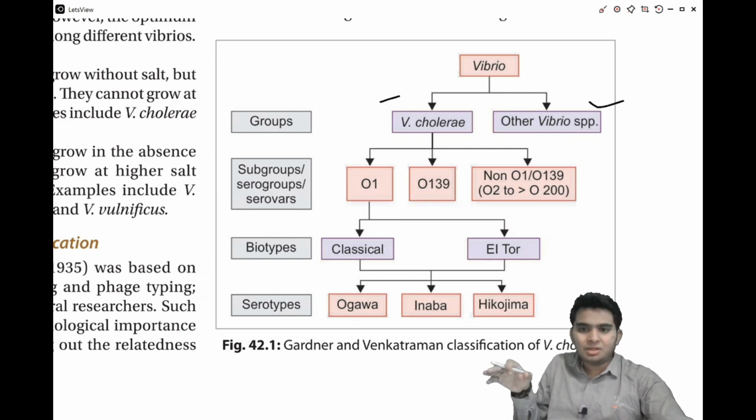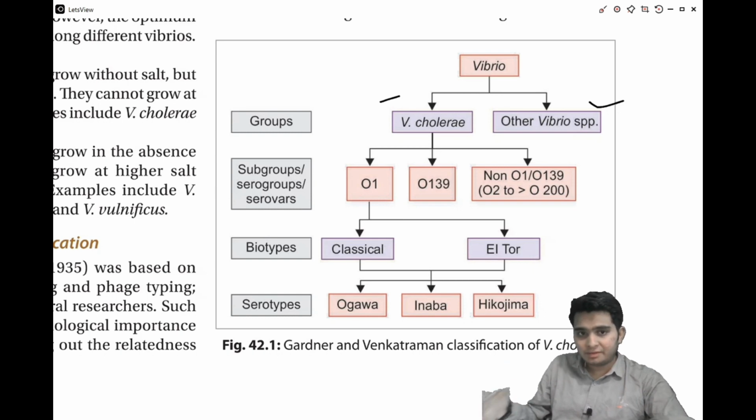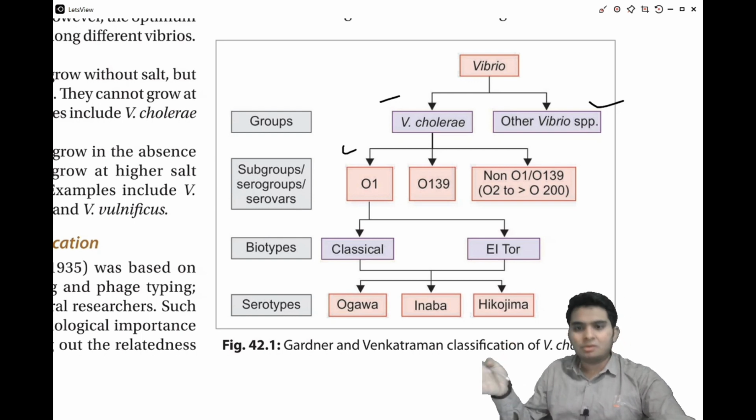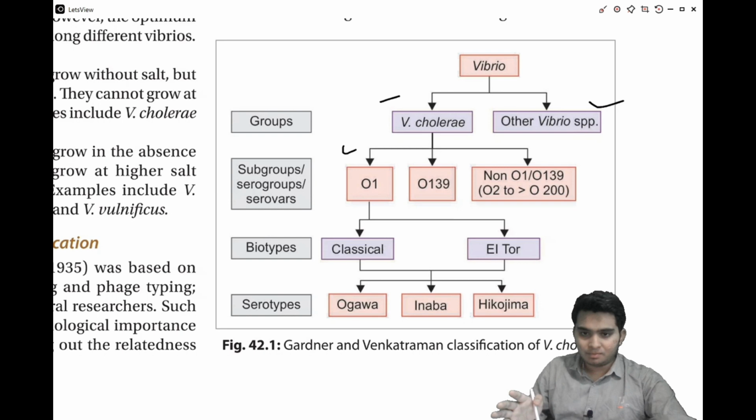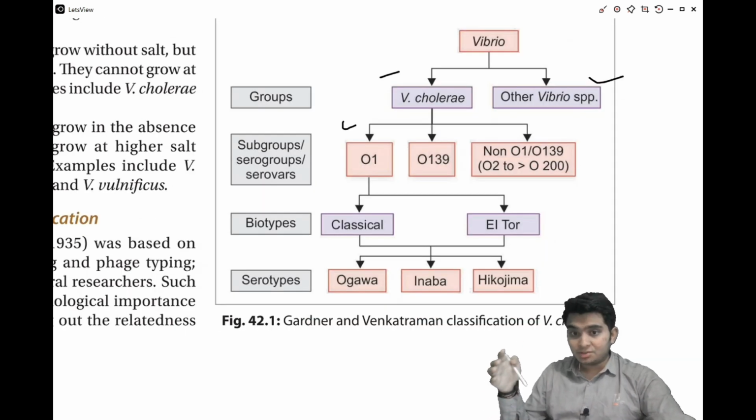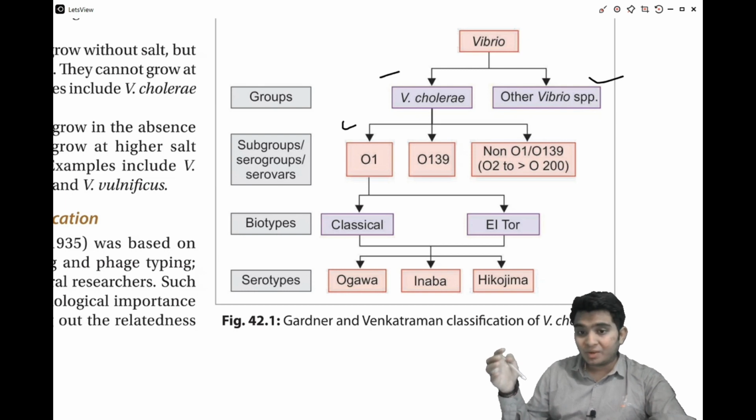Then, based upon the somatic antigen, Vibrio cholerae is further classified into nearly 200 serogroups. Those agglutinated by O1 antisera are classified as O1 serogroup, and serogroups not agglutinated by O1 antisera are classified as NAG vibrios.